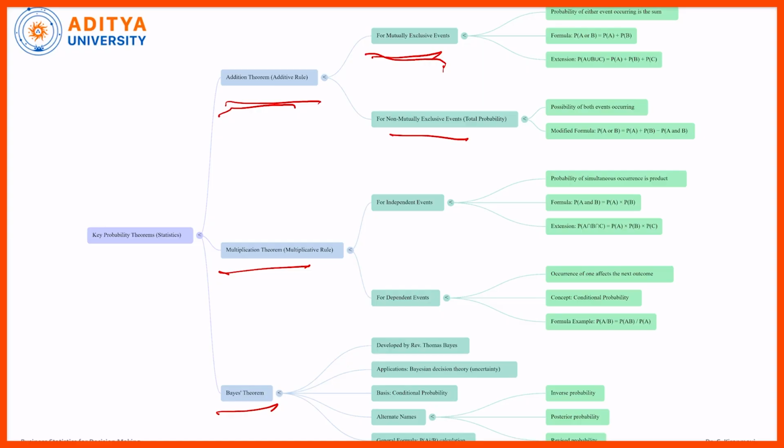The happening of one event is linked with the happening of another event; only when the other event happens does the particular event happen. In such a case, the events are said to be dependent events. So when events are classified as dependent and independent, the multiplication theorem comes into the picture.